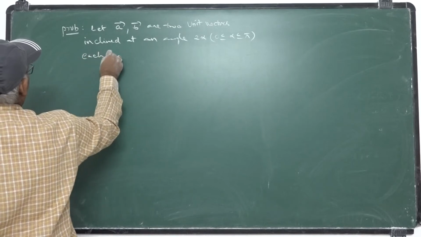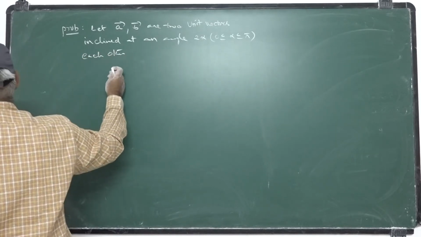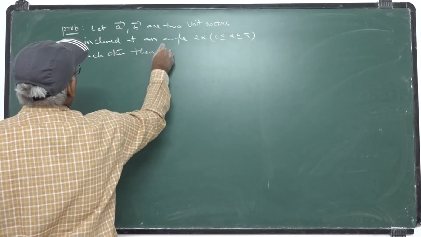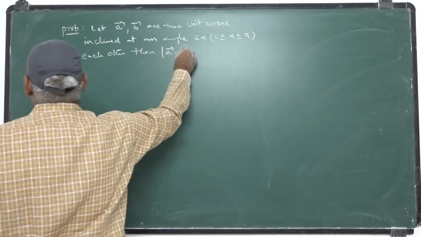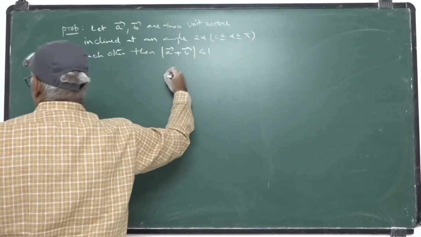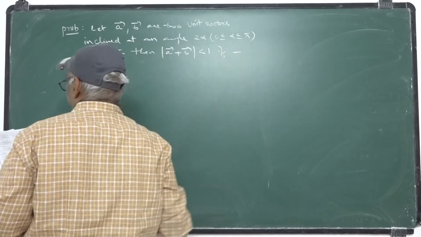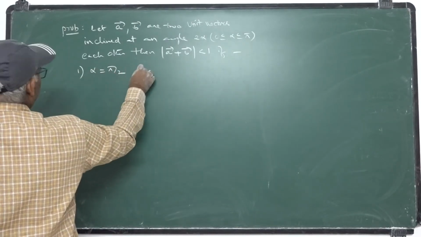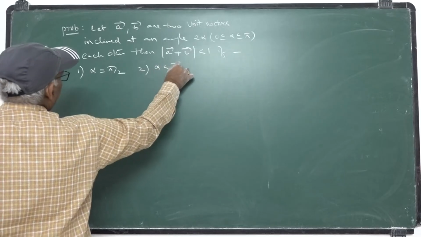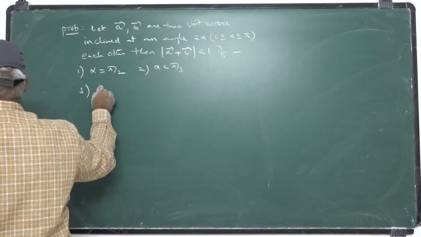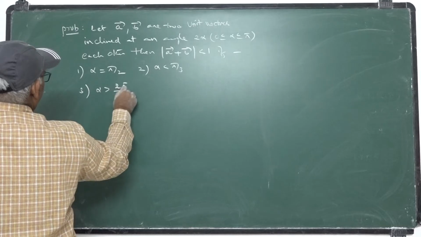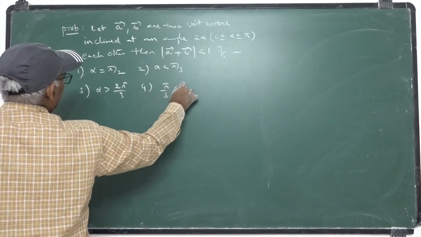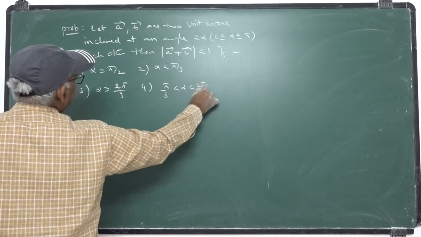Then mod A bar plus B bar is less than 1 if. Here the options are: alpha is pi by 2, alpha is less than pi by 3, alpha is greater than 2 pi by 3, and fourth one is pi by 3 is less than alpha is less than 2 pi by 3.